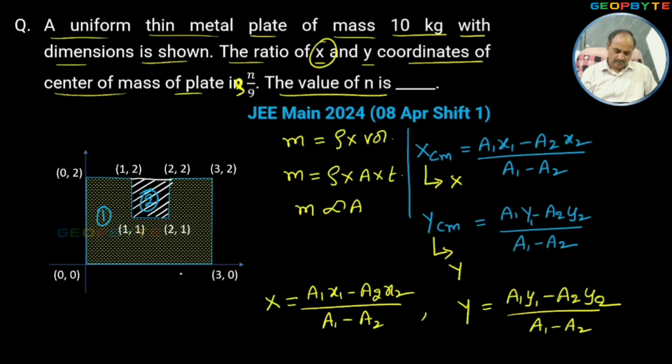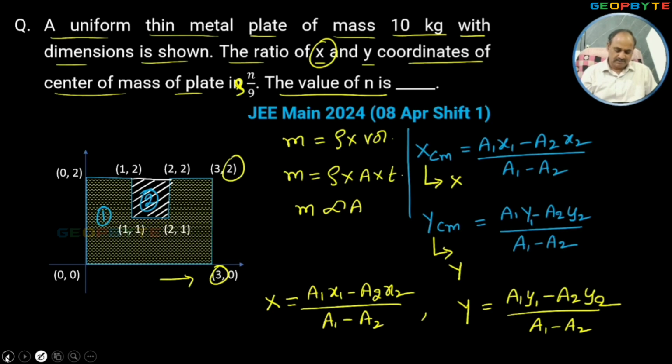Look at the dimensions for that unit. On the x-axis it is 3, on the y-axis it is 2. This 3 and this 2 are with respect to units.